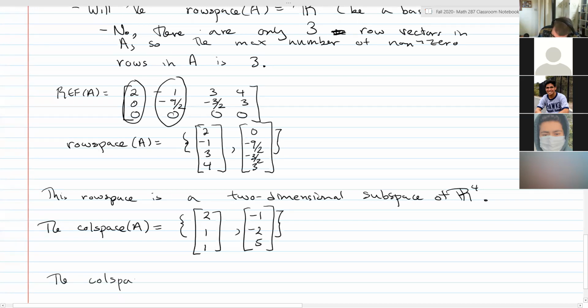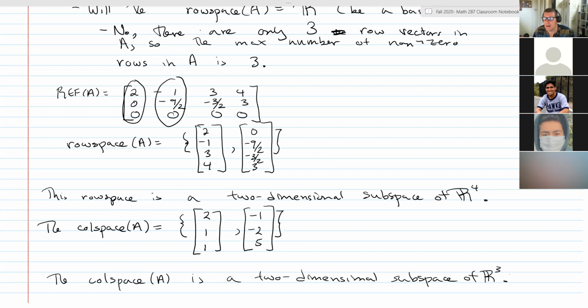So the column space of A is a two-dimensional subspace of R3. And once again, just to emphasize, since R4 requires 4 linearly independent vectors to get all of R4, the row space of A is not all of R4.